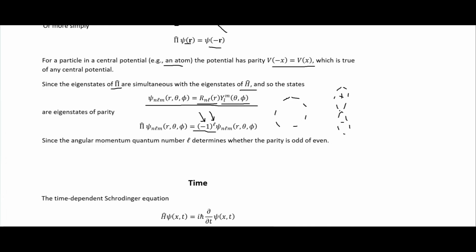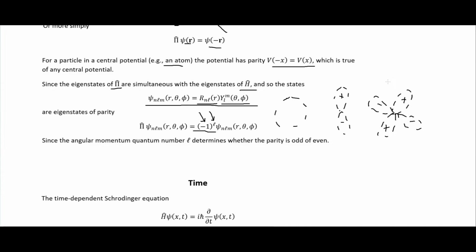Then if L is 2, this becomes even again, and that makes sense because then we have our d orbitals, which look more like this. So I don't know why I chose to do those in dotted lines, but we have positive, positive, negative, negative.